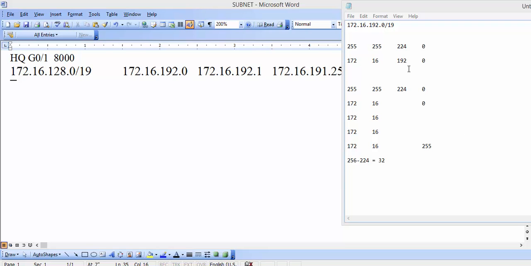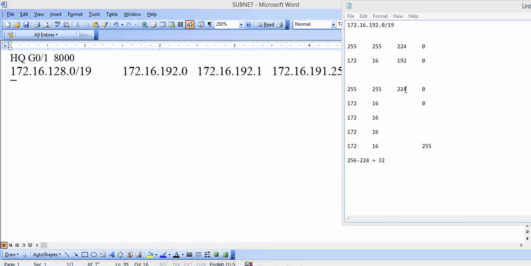Now we need to increment 32 starting from 0 until we get to the number that is equal to or not greater than 192.